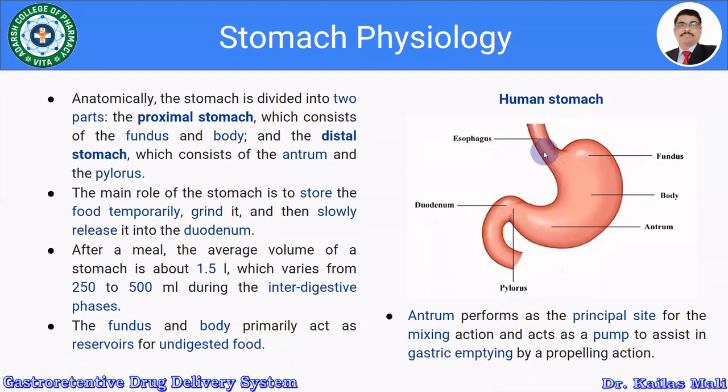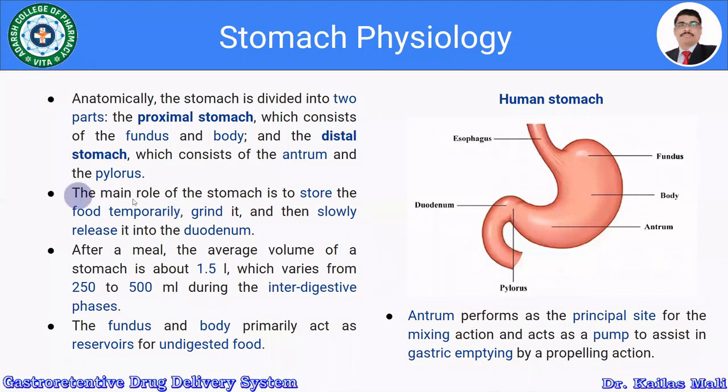Anatomically, the stomach comprises two main parts, the proximal stomach and the distal stomach. The proximal stomach consists of the fundus and the body, and the distal stomach comprises the antrum and the pylorus. Here is the duodenum and this is the esophagus.